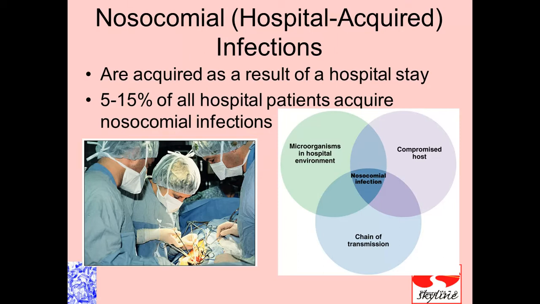Another factor is the presence of compromised hosts, which serve as reservoirs. Compromised hosts having very low levels of immune capacity or immune responsiveness may serve as nurseries for microbial pathogens in the hospital environment, and to a certain extent may also serve as vectors or carriers of the pathogens.